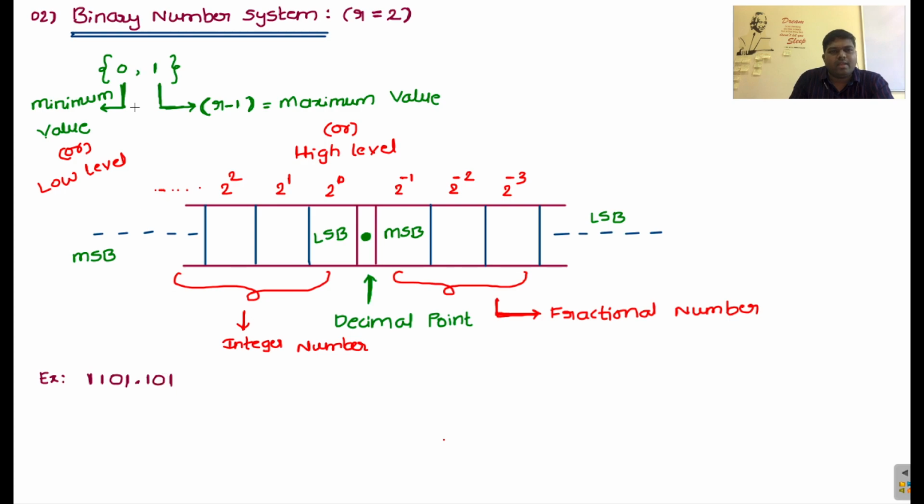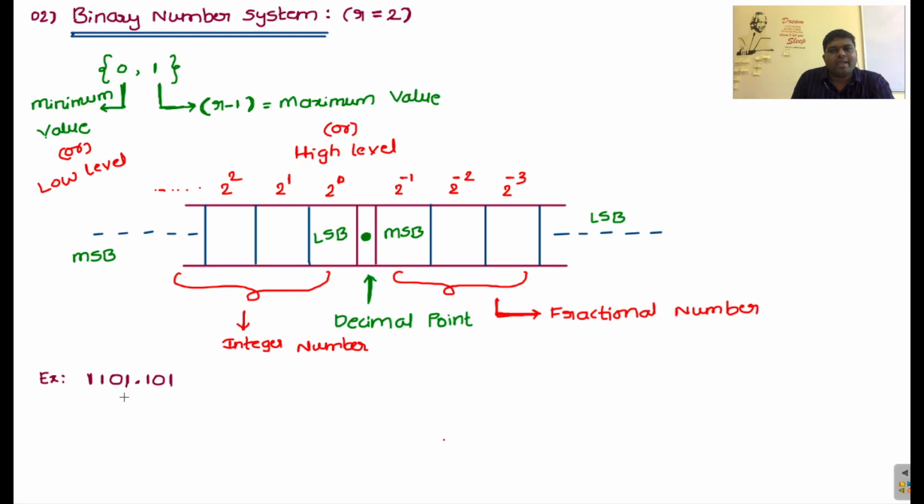Already I mentioned, 0 and 1 are the only possible digits. In our terminology, the possible bits are 0 and 1. So only these two bits are observed in the binary number system. Here the given number also has zeros and ones, that's why the given number is a binary number.